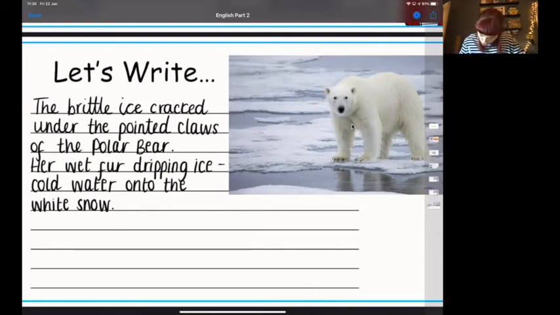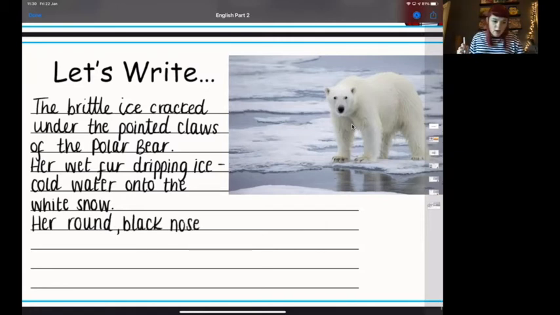Okay, so her round, black nose, her round black nose. What was her nose doing? It's sniffing, it's smelling, okay? So sniffed the air.